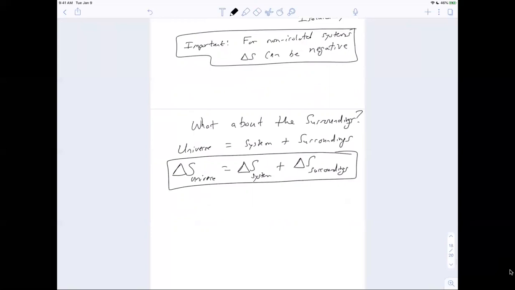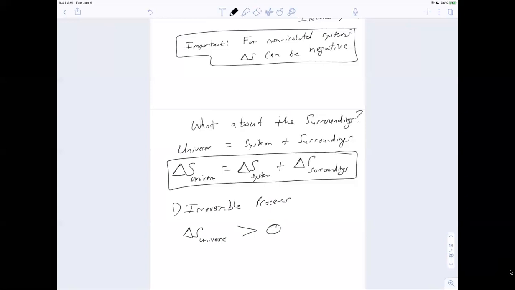So for an irreversible process, if you have a system that undergoes an irreversible process, or there's a process in the universe, delta S of the universe is going to be greater than 0, because everything is in the universe.